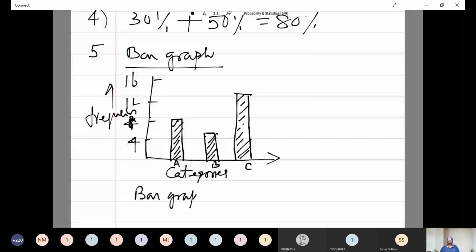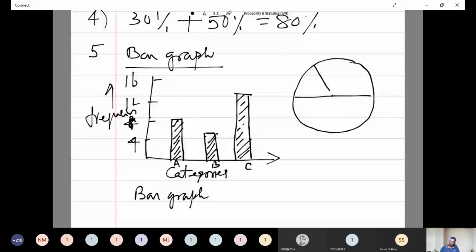And again, we have to draw the pie chart. What are the percentages? Category A 30%, category B 20%, category C 50%. Now we have to take the circle. One part is 50%, one is 20% and the other is 30%.